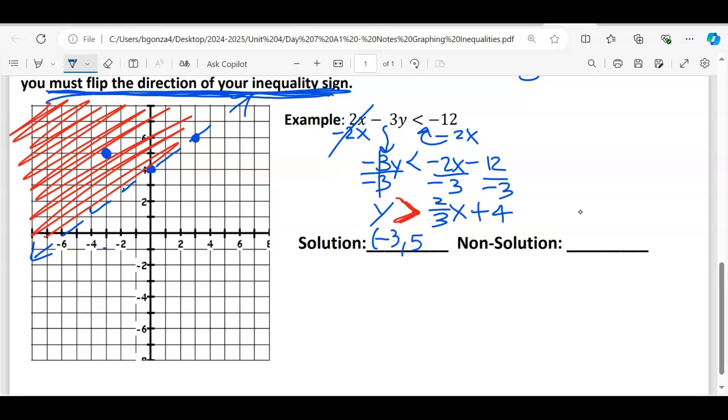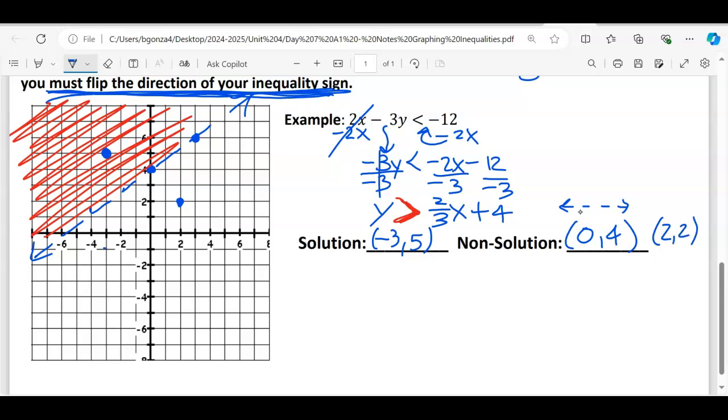That'll work. And a non-solution, I could pick on the dashed line, 0, 4. I'm just showing that above it. Since it's a dashed line, it could be on the dashed line, or just somewhere out here in space in the unshaded area. 2, 2 is also not a solution.